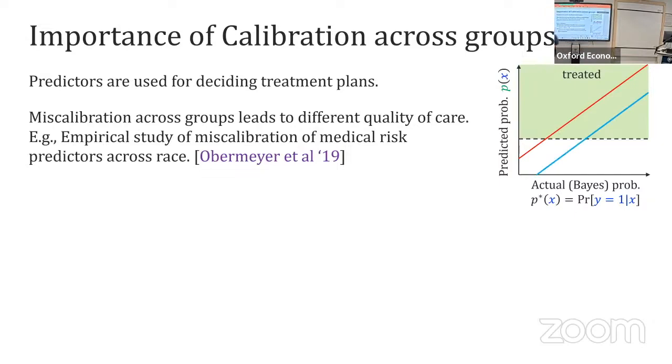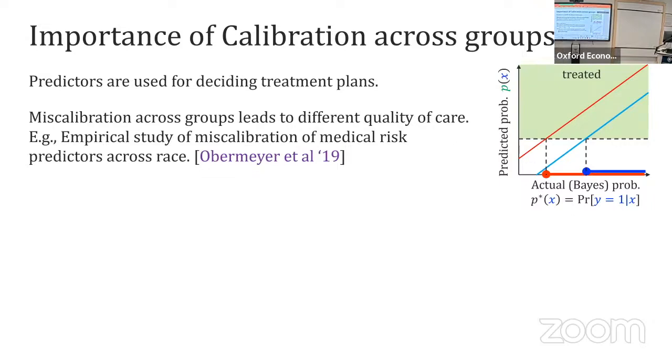Say I have two populations, the blue population and the red population, and neither is calibrated. When I look at the treatment being applied, people with different actual Bayes risk get treatment at different levels. The red population gets treatment at this actual Bayes probability, whereas the blue population has to have considerably more actual risk before they start getting the treatment they need.